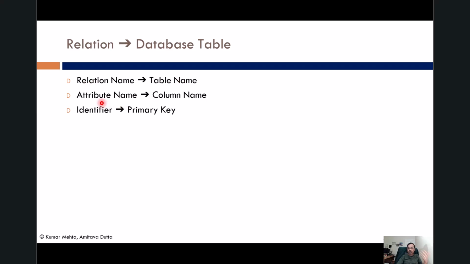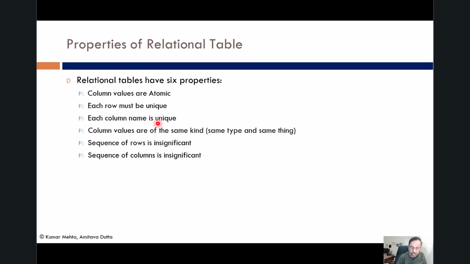The attributes that constitute the relation became the names of the columns, and the identifier for a relation, the property or properties that uniquely identify an instance of an entity, that's the primary key of the table. So that was the mapping between a relation and the physical table itself that implements that particular relation. Okay. So far, so good.